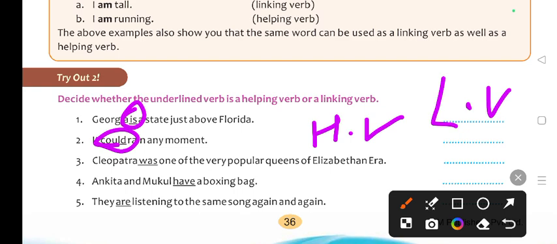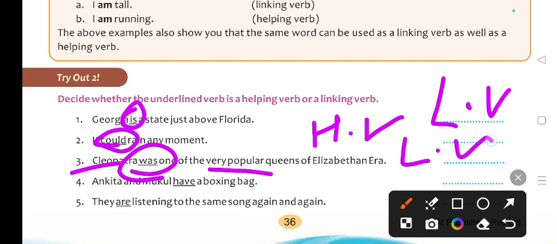Now the next one: Cleopatra was one of the very popular queens of the Elizabethan era. Very popular queens is an adjective and it shows the connection with Cleopatra. So this is a linking verb. We will write LV here. Now the next one: Ankita and Mukul have a boxing bag. So what is have here? Have is a helping verb.